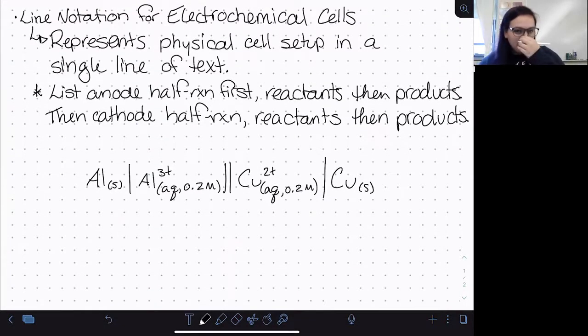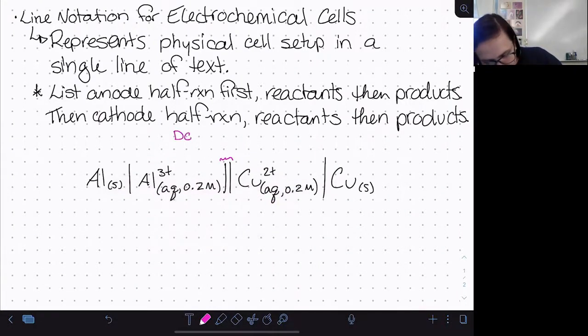Our anode is listed first, our cathode is listed second, and the dividing line between them is this double vertical line. This double vertical line separates our anode and our cathode.